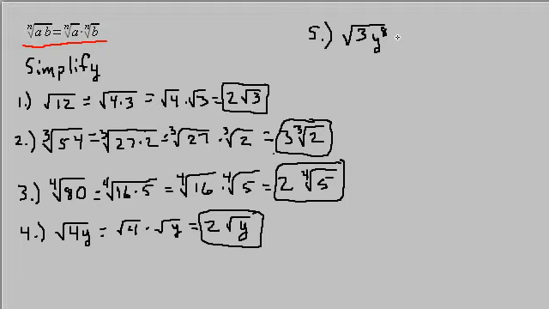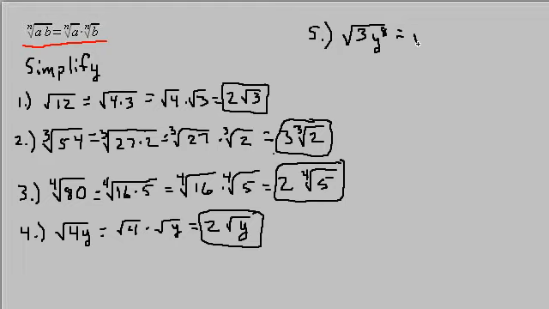Alright, let's take a look at another one. Okay, 3 is not a perfect square, but y to the 8th is. And one thing I do need to mention, all the variables represent positive real numbers. We'll get into it in later videos, we'll talk about when the variables are any real number, but for right now they represent positive real numbers.